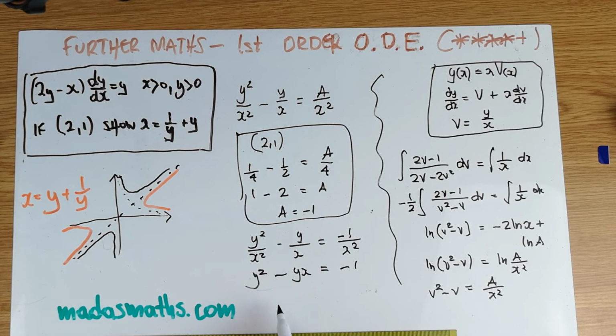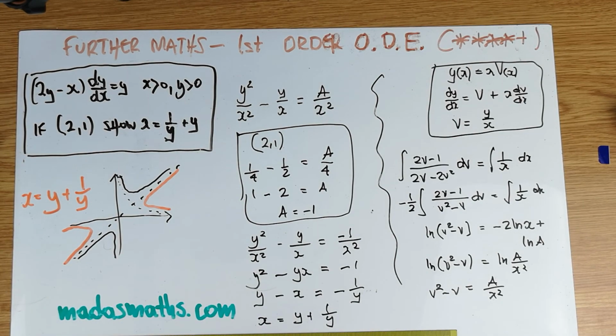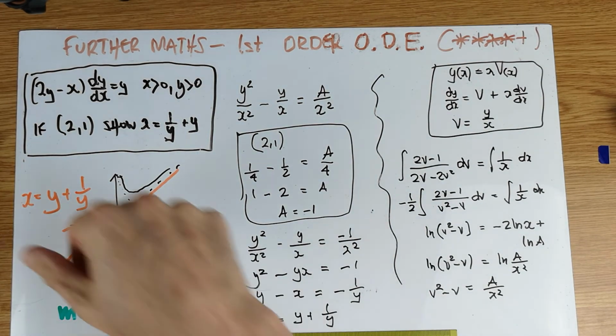Divide the equation by y will give us y minus x is equal to -1 over y. And if we rearrange it, we'll get x on this side is y plus 1 over y as before. Remember, we can divide by y there because y is a positive number, cannot be 0. And we got, of course, exactly the same answer as before.